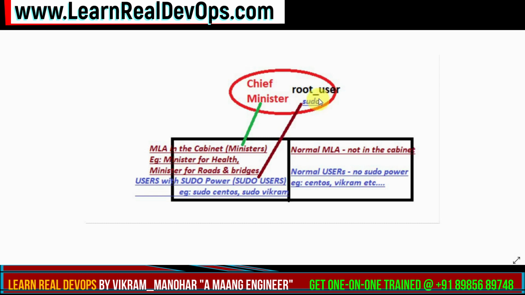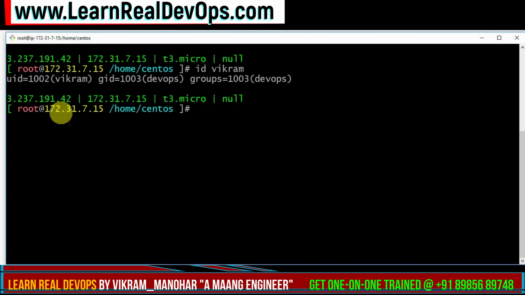So who can allot a password to the user called Vikram? If you are a root user, you can add a password to the user called Vikram, or else a CentOS user or any other user who has the power of sudo can also add a password to the user called Vikram. Currently I am in my machine as a user called root.